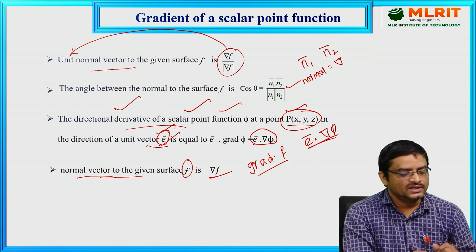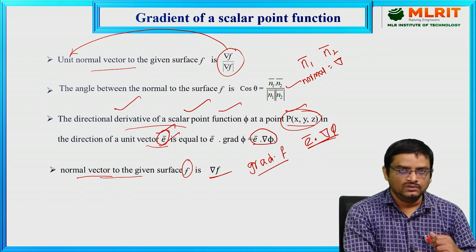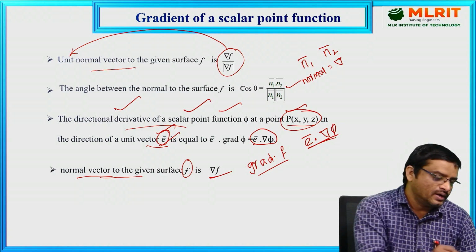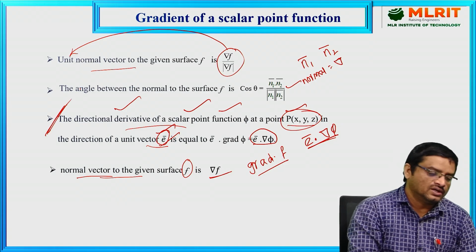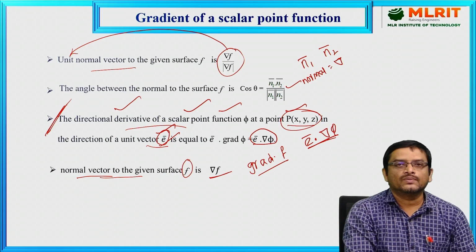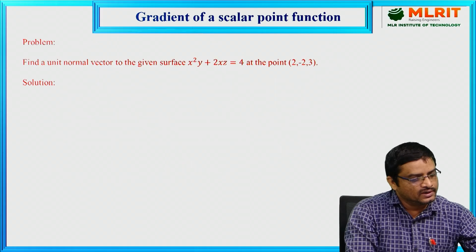Now by using these formulas, we will see how to find out the unit normal vector, how to find out the angle between the normals to the surfaces, and the important concept is how to find out the directional derivatives of the given scalar point function at the given particular point. So now we will take the problems one by one.